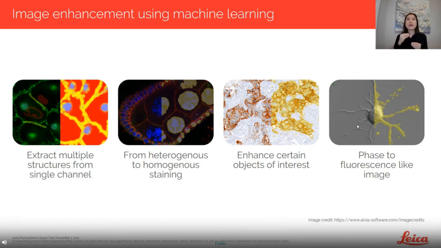But if we use the pixel classifier, we can use some of the more morphological characteristics and pull that out and really create this fluorescent-like image that has a high intensity level for the cell and a low intensity level for the background. So that wide range and that variation really allows us to now do detection and analysis with intensity-based algorithms later on, and it makes that process a lot easier.